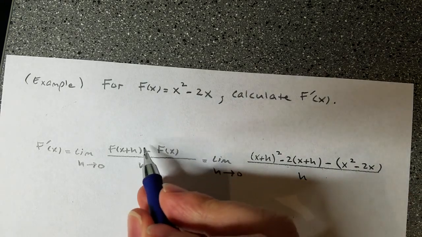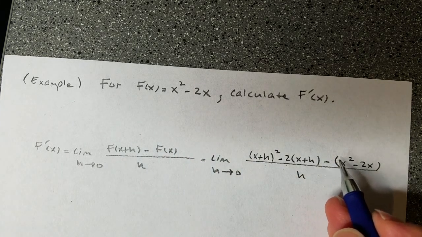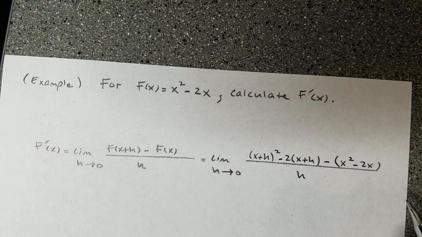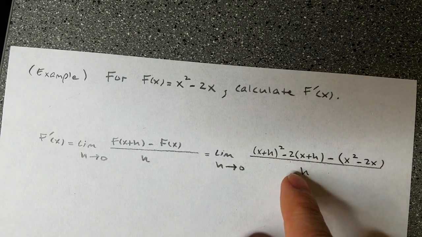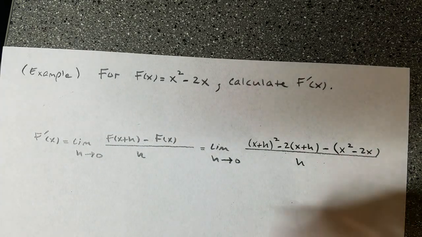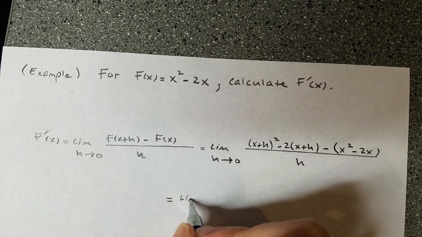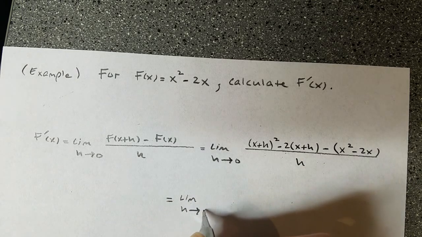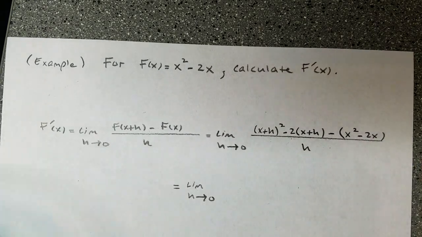This subtraction must apply to that entire thing, whatever it is. So I wrote the subtraction, I wrote a parentheses. Now this limit, you can try plugging the 0 in for h in order to figure out the limit. It's not going to work though, okay? So what we need to do is simplify this thing right here as much as we can, and then we can do the limit.